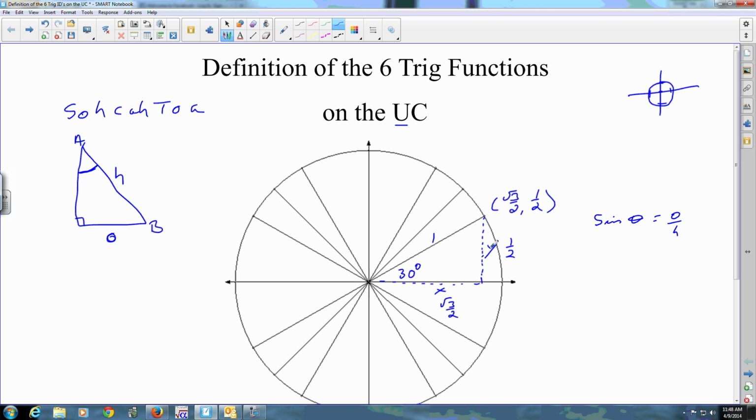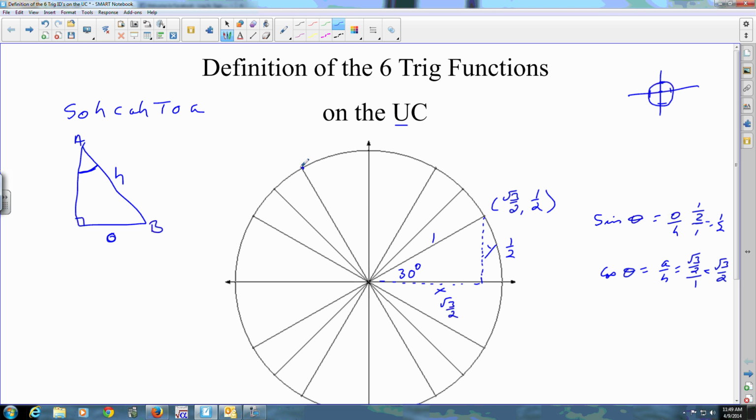Sine, opposite over your hypotenuse, is going to be 1/2 over 1, which is just 1/2. Okay, let's try cosine. Cosine of theta, that's your adjacent over your hypotenuse. So that's square root of 3 over 2 over 1. You can start to get the idea? Over 1. So do I really need to list it over 1? No, you don't. Okay, we'll hold off on tangent for just a second.